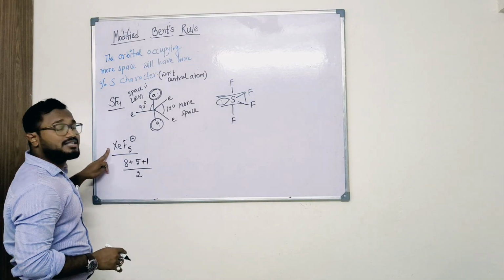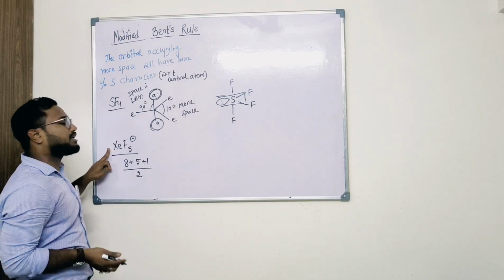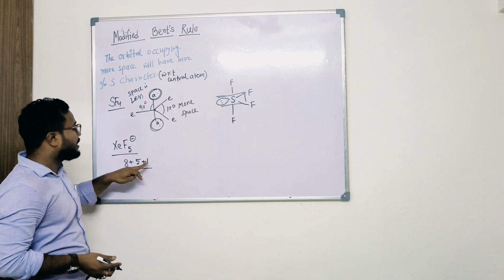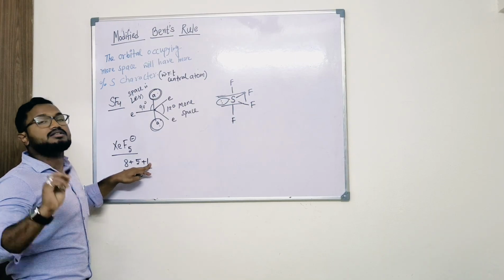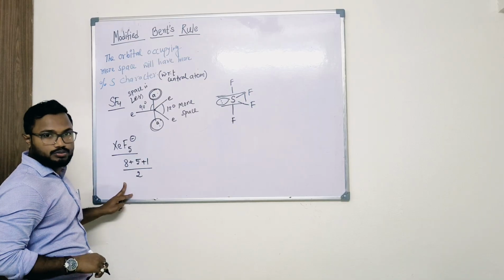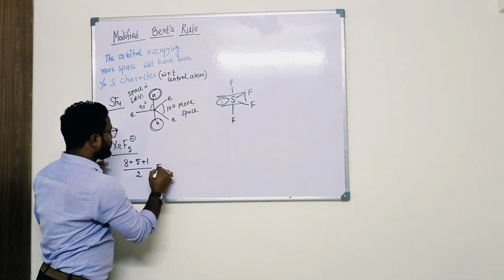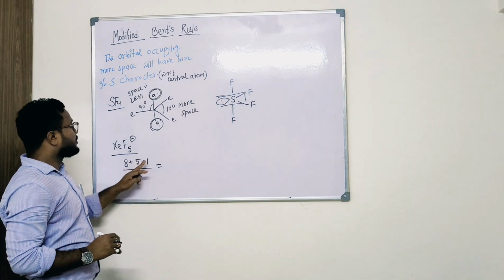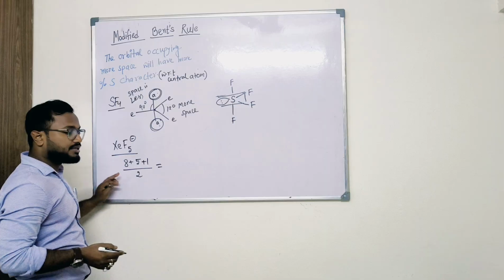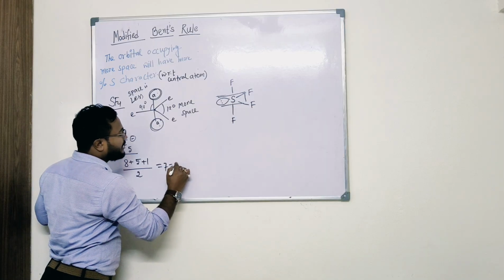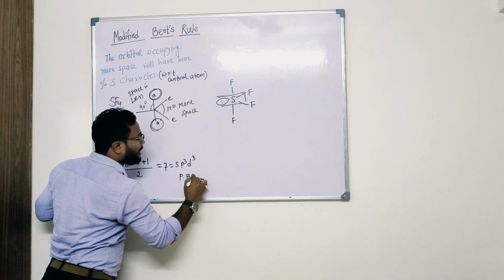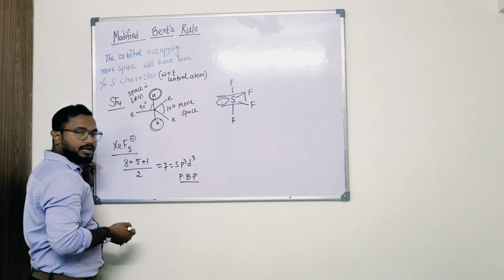Xenon is the central atom, valency 8, so valency of the central atom plus the number of monovalent atoms, add if negative charge, subtract if positive charge, so plus 1 is added, divided by 2. So this is 14 divided by 2, it is 7. So 7 means sp3d3, pentagonal bipyramidal geometry, PBP.